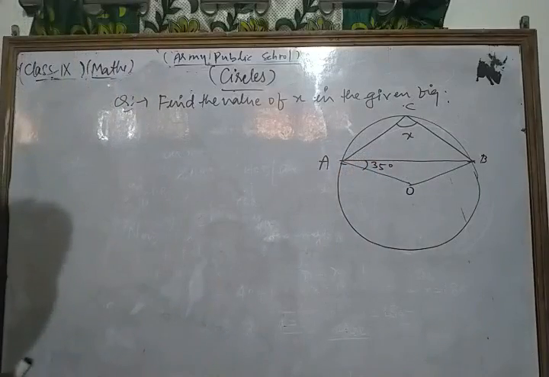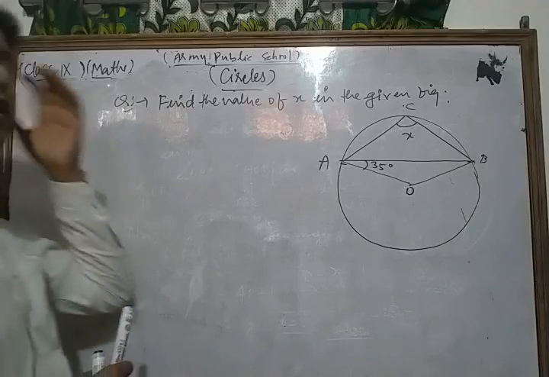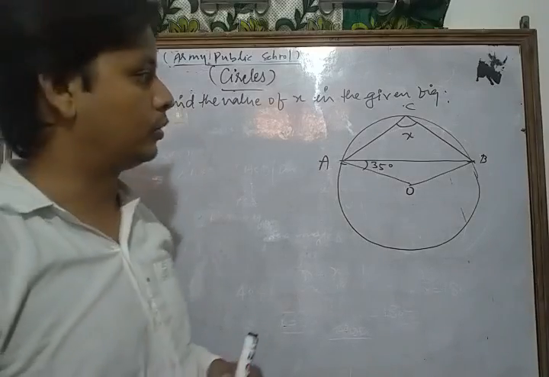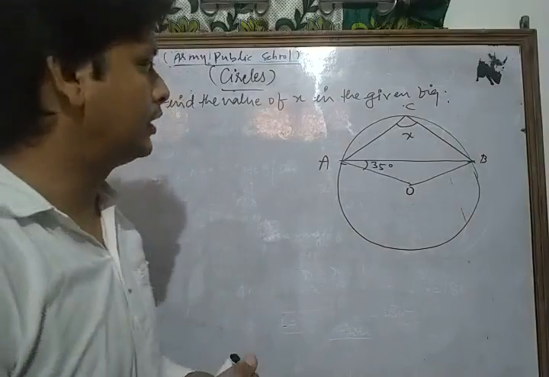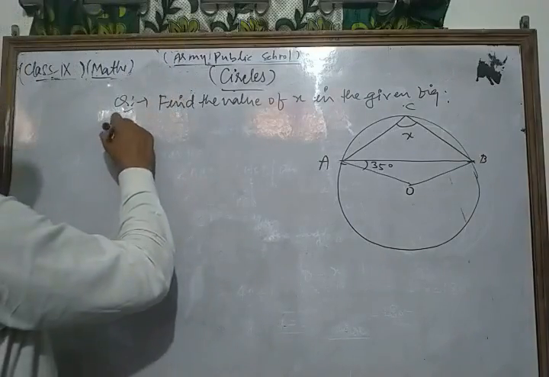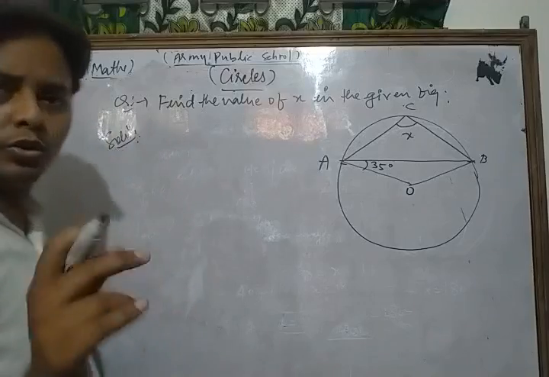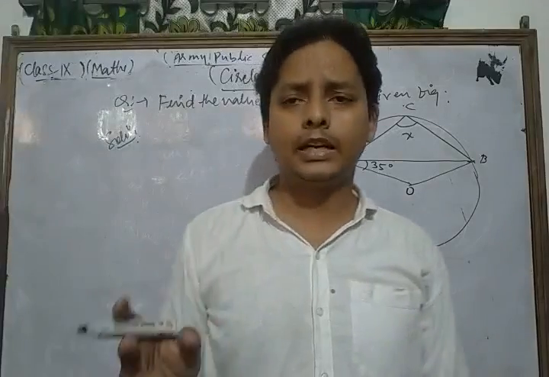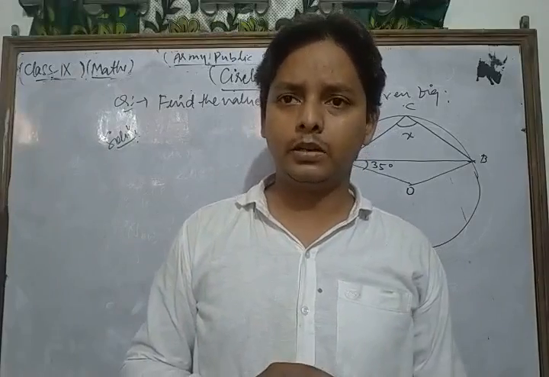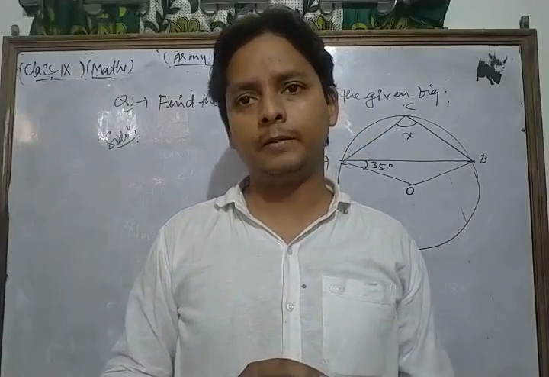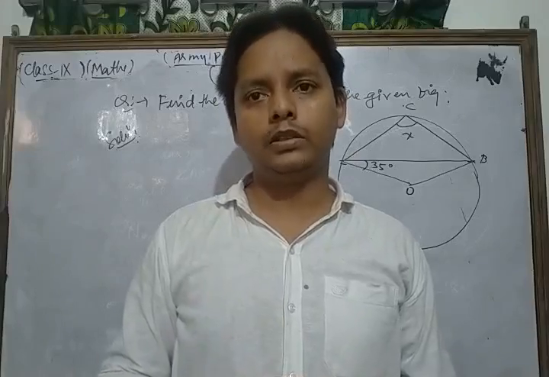Okay, so this is the question here, which is a very important question of your syllabus. Now look what I do, dear friend, let's see its solution. Since you know that the angle subtended by an arc at the center of the circle is double the angle subtended by it at any remaining part of the circle.